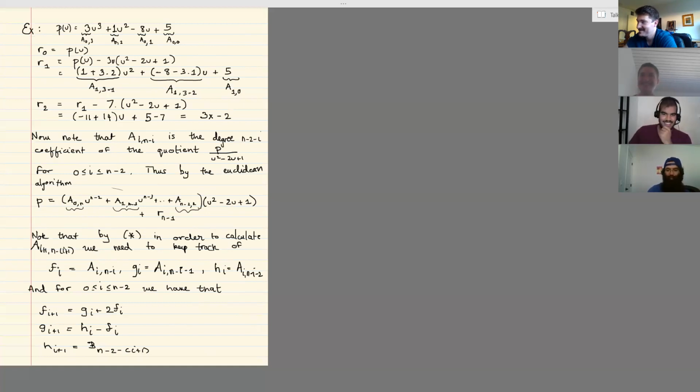I don't know. Now, for all of these i's between 0 and n minus 2, we have the following relations. F sub i plus 1 is g sub i plus 2 f sub i. G sub i plus 1 is h sub i minus f sub i. And h sub i plus 1 is b sub n minus 2 minus i plus 1.